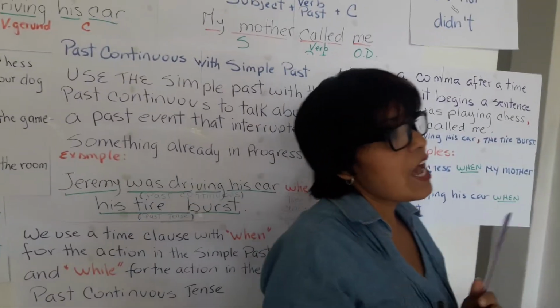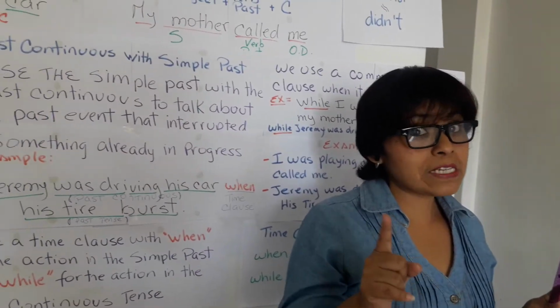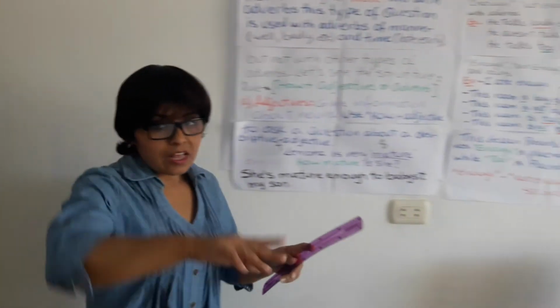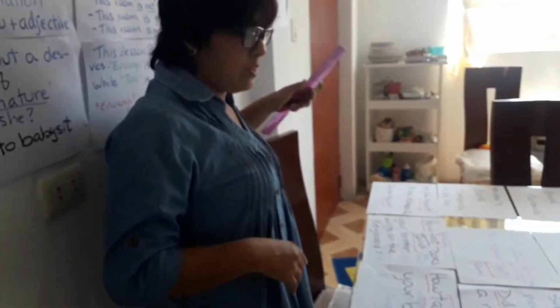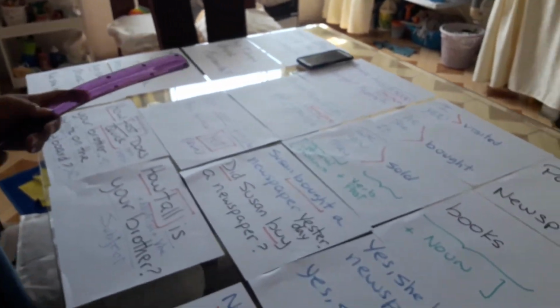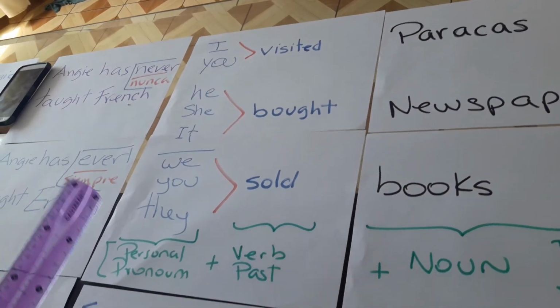In that case, I'm going to write an example of how to use the past simple tense. Let's go here. We have, related to this unit, I, you, he, she, it, we, you, they.